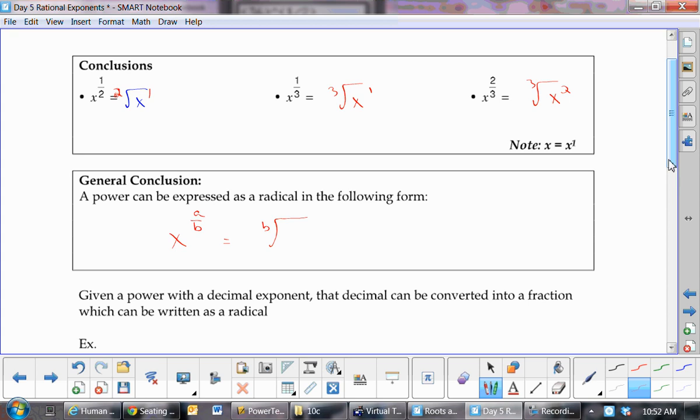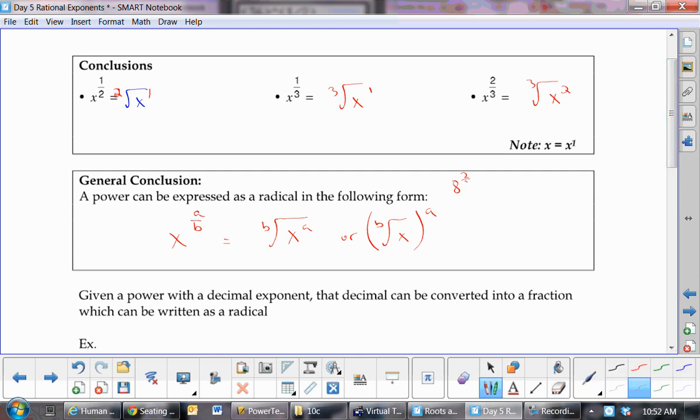The bth root of x to the a, or, and this will work out for you in certain situations, the bth root of x, all to the a. Sometimes it's easier, and let's use the example 8 to the 2/3.